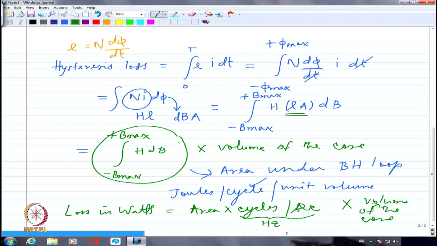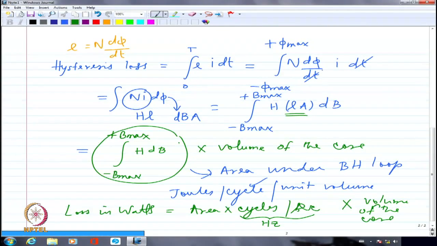So if I want the total amount of loss in watts in a ferromagnetic core, I have to multiply by the frequency with which I am exciting the coil, and also multiply by the volume in meter cube. That is the reason why hysteresis losses increase as I increase the frequency further and further, right?